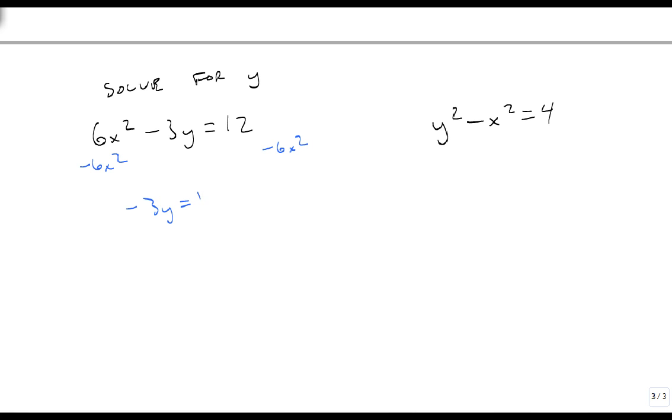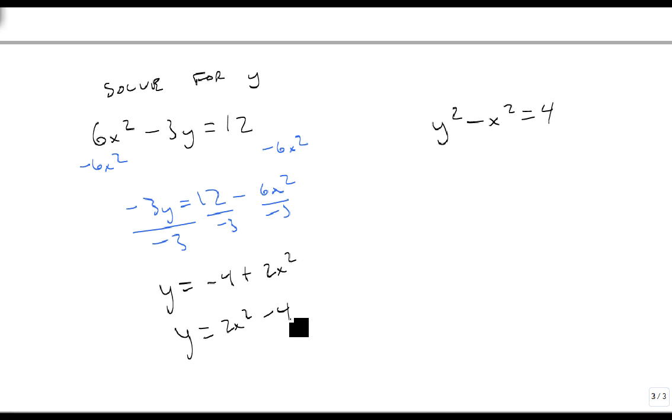We get -3y equals 12 minus 6x squared. Divide by -3. That gives me y equals -4 plus 2x squared, or y equals 2x squared minus 4. I got the y all by itself, and my x doesn't have any plus or minuses or anything.